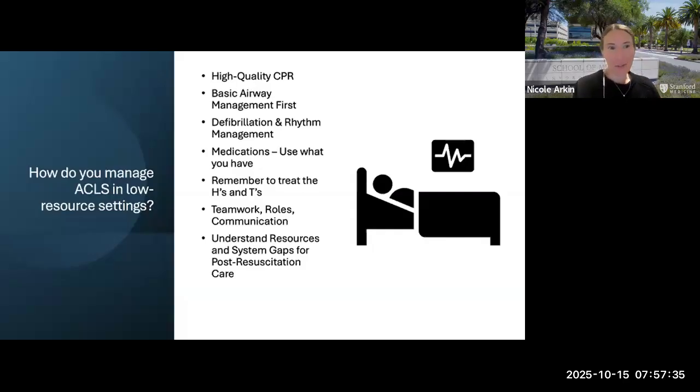So that's closed loop communication. It's definitely the way that we're trained to communicate in emergency settings. I will say it's hard to do when the environment is chaotic. So keeping the energy levels and the room in control is really important for making sure that commands and requests are not being missed.